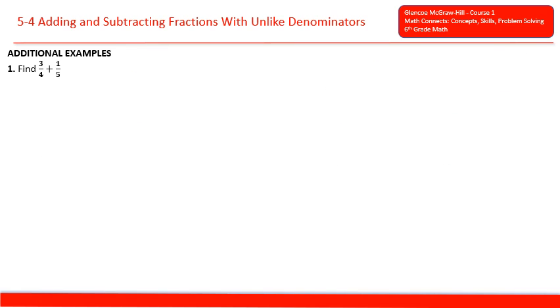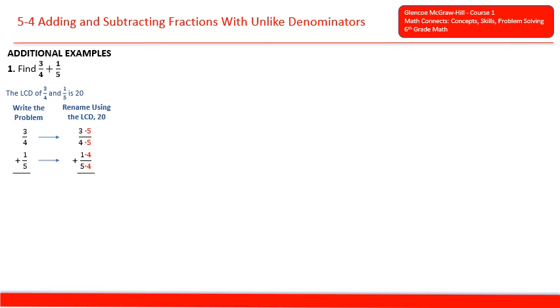Additional examples, find 3/4 plus 1/5. The least common denominator of 4 and 5 is 20. So write the problem, 3/4 plus 1/5. We need to turn 3/4 into an equivalent fraction with a denominator of 20. So we will multiply 4 times 5, and therefore 3 times 5. And we need to turn 1/5 into an equivalent fraction with a denominator of 20.